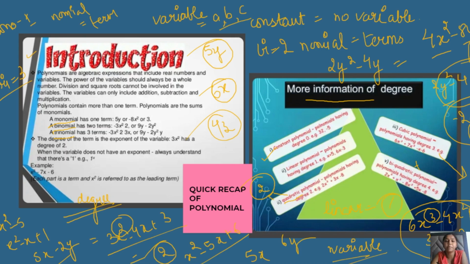So in this slide we have learned many different terms for polynomials, and this is just a brief intro to the terms which are used in polynomials and the different things which we can use in polynomials.